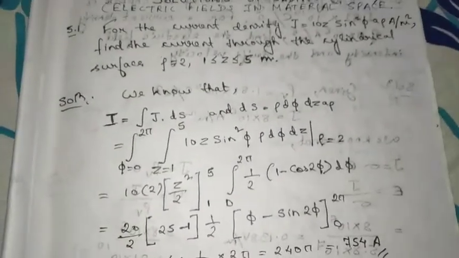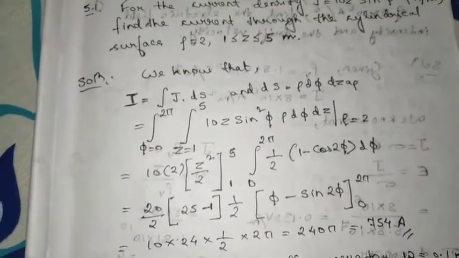This solution has only a few steps, because we only have to calculate the integration part. Here rho is given as 2, and z varies from 1 to 5. For phi, we know that for a cylindrical surface it goes from 0 to 2 pi.